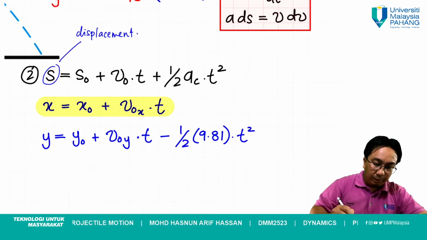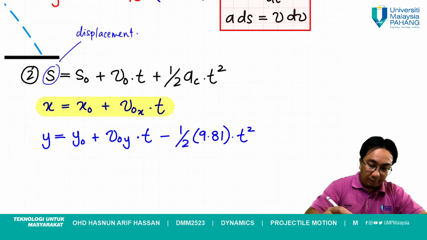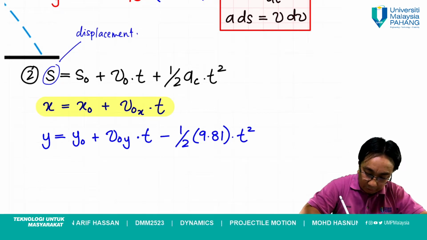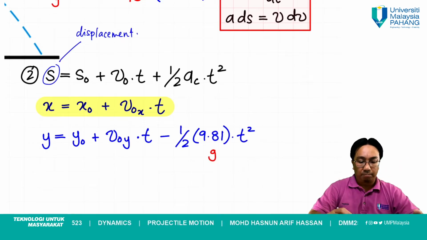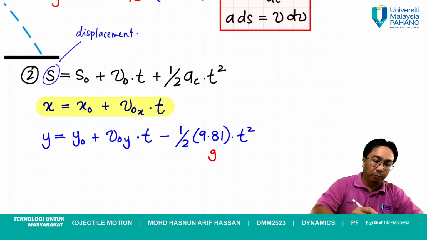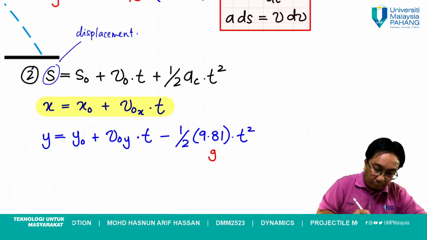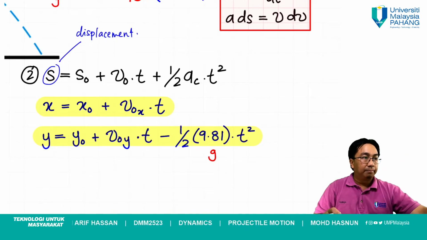Okay, you boleh tulis 9.81 ataupun you boleh tulis G lah. Either one is correct. So sama ada you nak tulis 9.81 ataupun you tulis G dekat sini pun boleh juga. Minus 1 over 2 G T square pun boleh. Okay, so this will be the equation for Y.